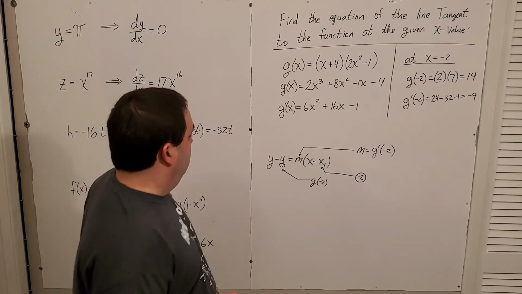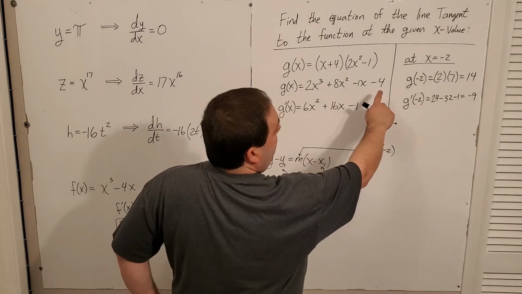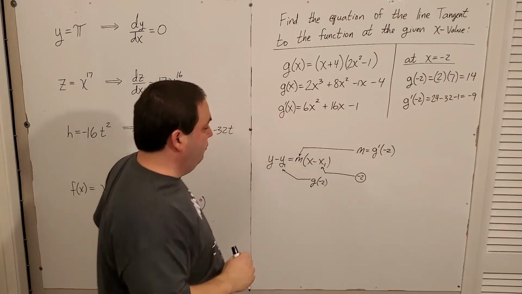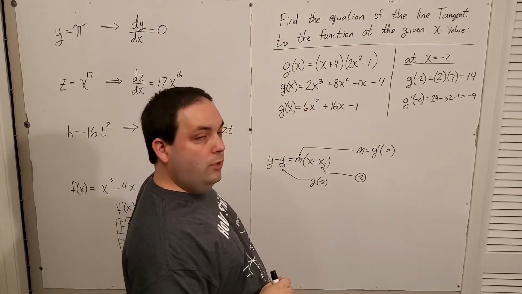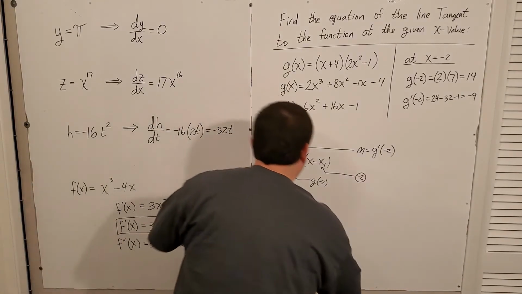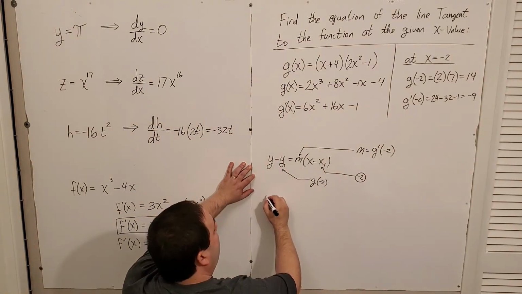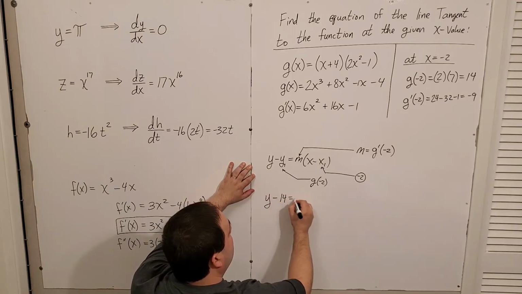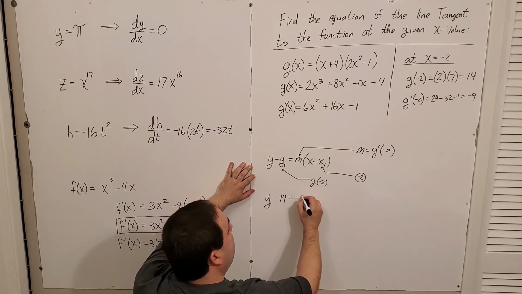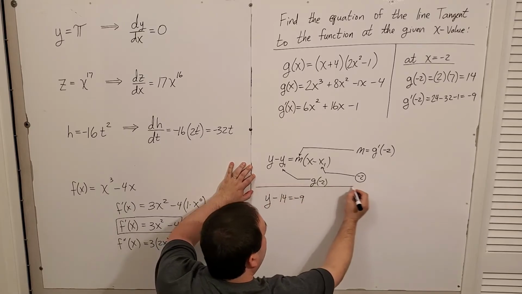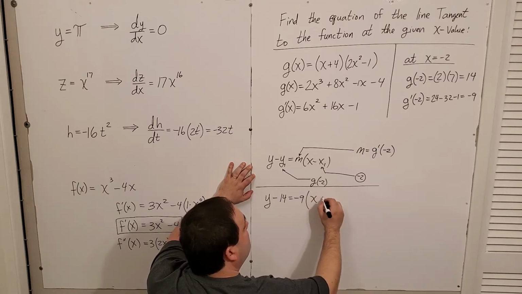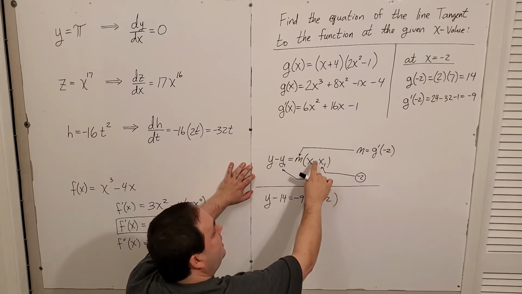All right, so now I've got my x value, I've got my y value, and I've got my slope value. I'm just going to create my equation. I have y minus 14 is equal to negative 9 times x plus 2, because it's minus negative 2, right?